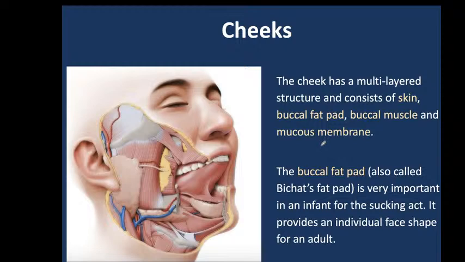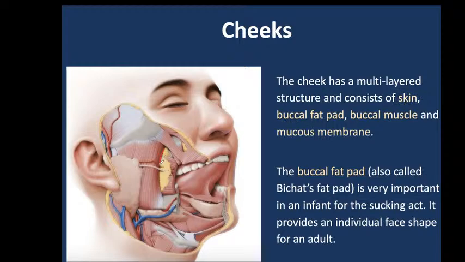Cheeks form the lateral walls, and they are covered externally by skin and internally by a mucous membrane. So I would say that the cheek has a multi-layered structure, and it consists of skin, buccal fat pad.